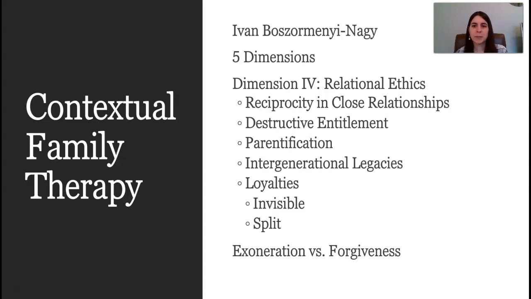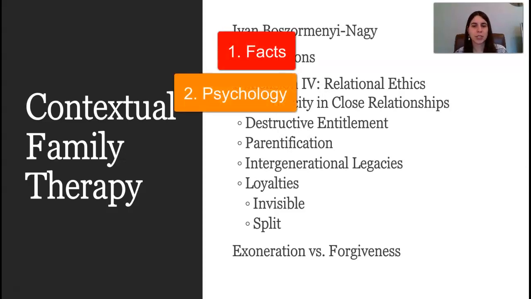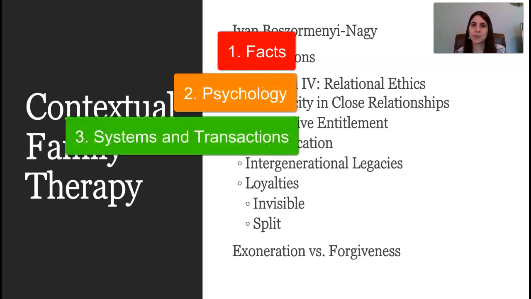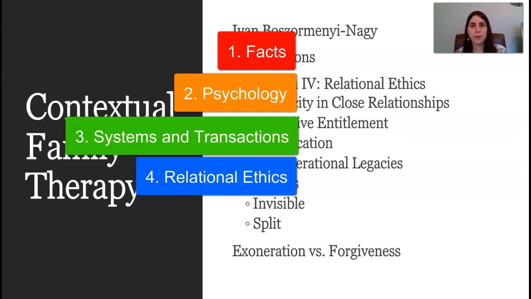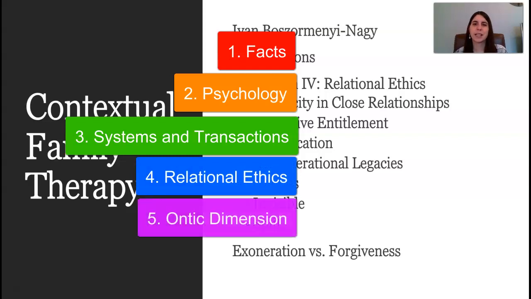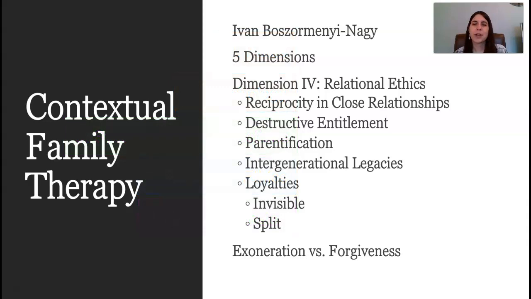There are these 5 dimensions, and they are referred to as number 1, facts, number 2, psychology, number 3, systems and transactions, number 4, relational ethics, and number 5, the ontic dimension. But as I said before, most of the attention is given to that 4th dimension, which is called relational ethics.